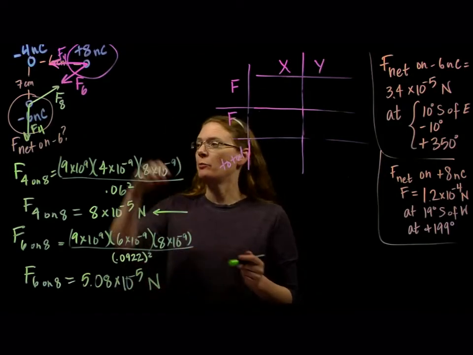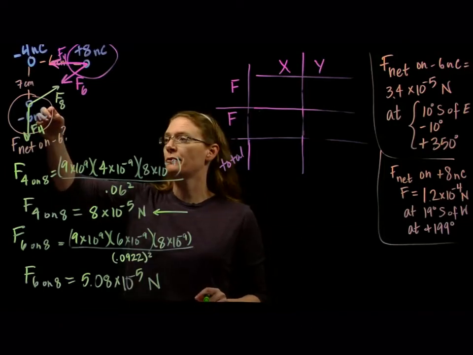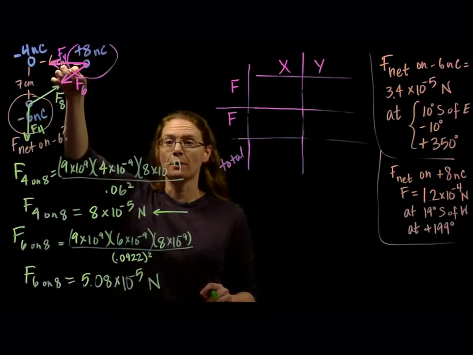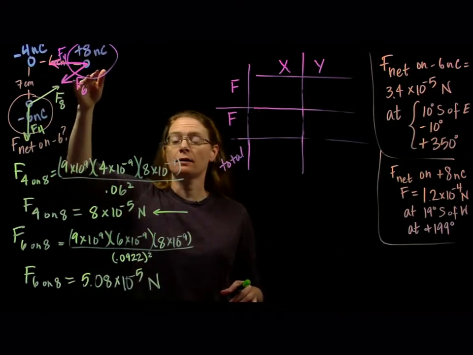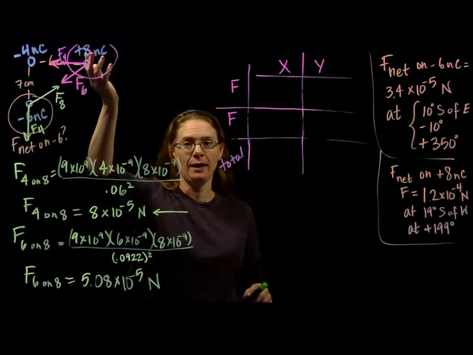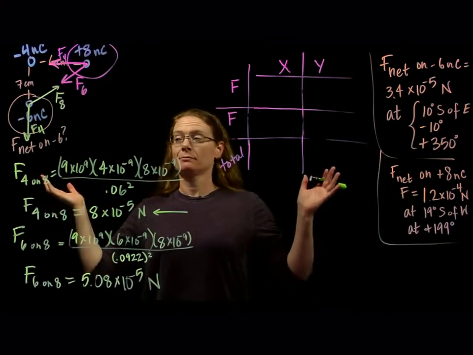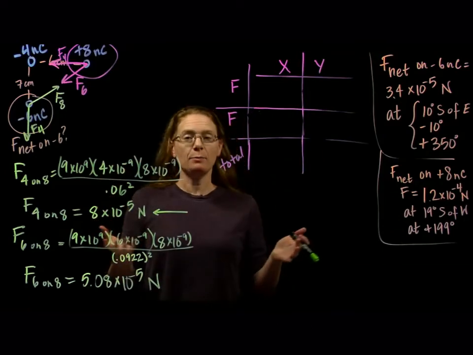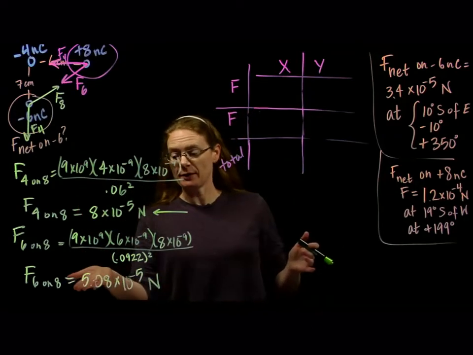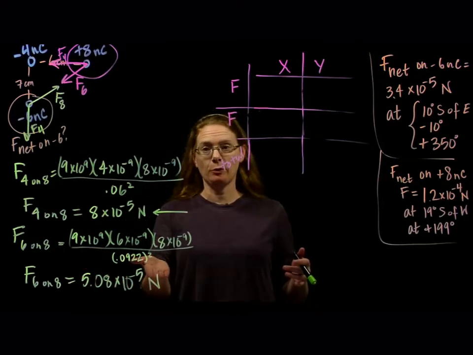Because last problem, we calculated the force of the 8 pulling on the 6. Now we're calculating the force of the 6 pulling on the 8. It's the same thing. 6 on 8, 8 on 6, this is Newton's third law. It has to be equal and opposite. So this is the exact same number we had from the previous problem.